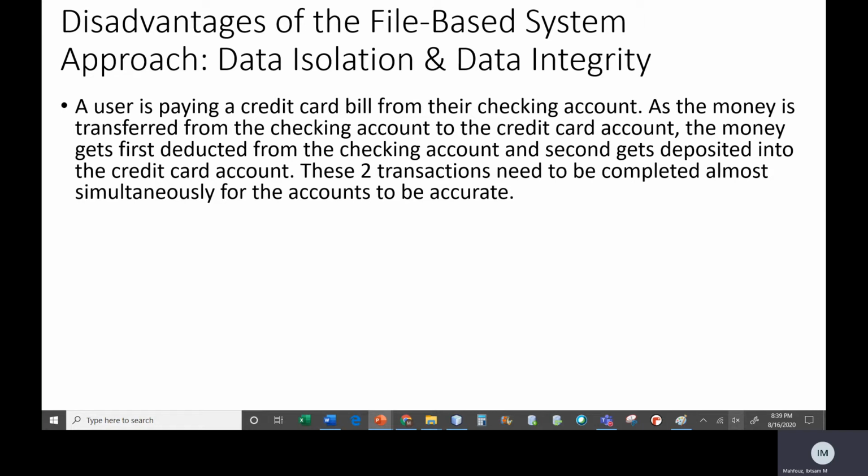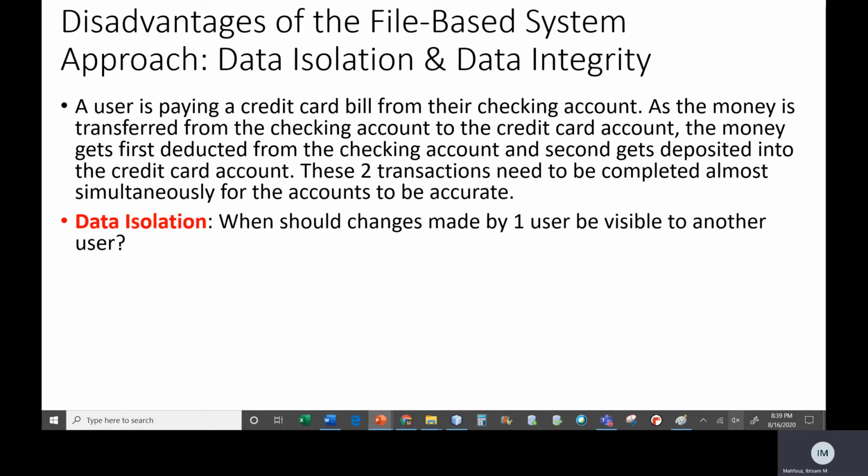But in those few days, the money was already taken from my first checking account, and it was not deposited in the second account. So here you have two transactions that you need to happen. You want them to happen at the same time, immediately, simultaneously. But that cannot happen with a file-based system.